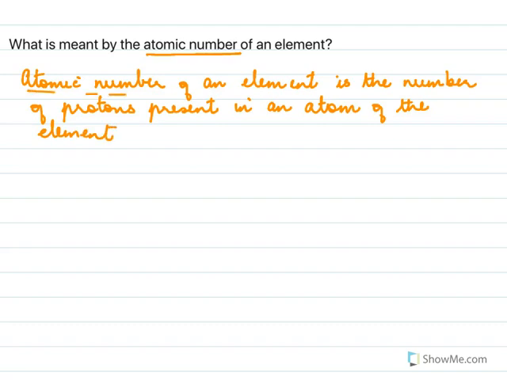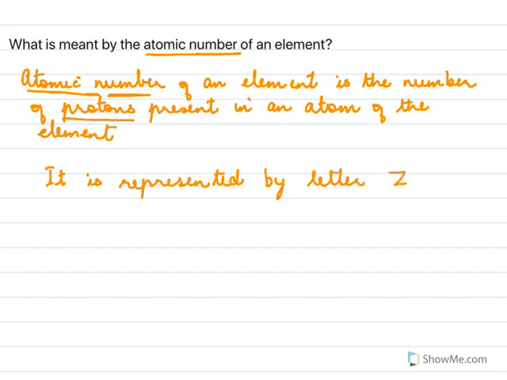So atomic number is the number of protons present. It is represented by letter Z, and it is a characteristic of an element.